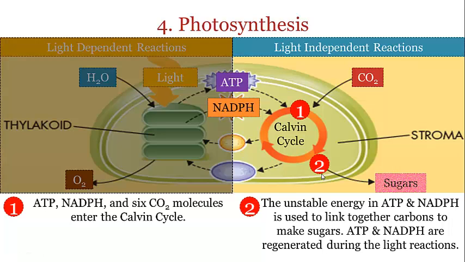So now the NADP and the ADP are going to go back into the light-dependent reactions where they can be recharged. And of course, the product of this is going to be sugars. So we see we have water and carbon dioxide going into photosynthesis, and oxygen and sugars coming out of photosynthesis.